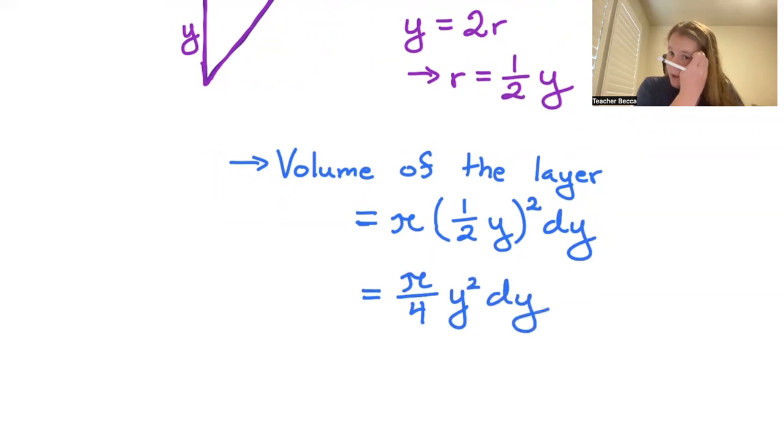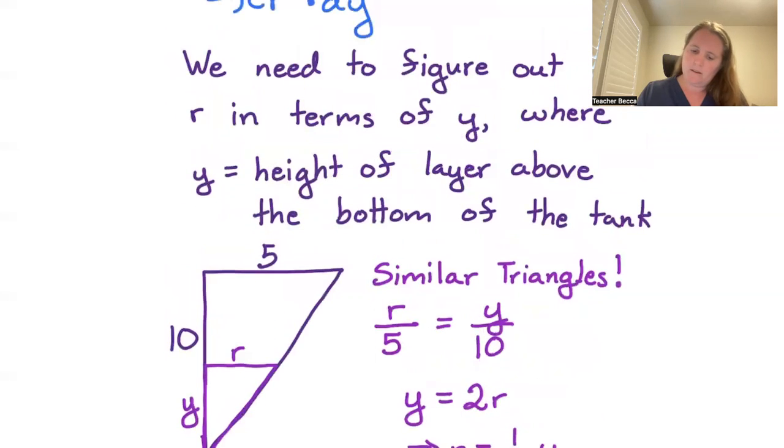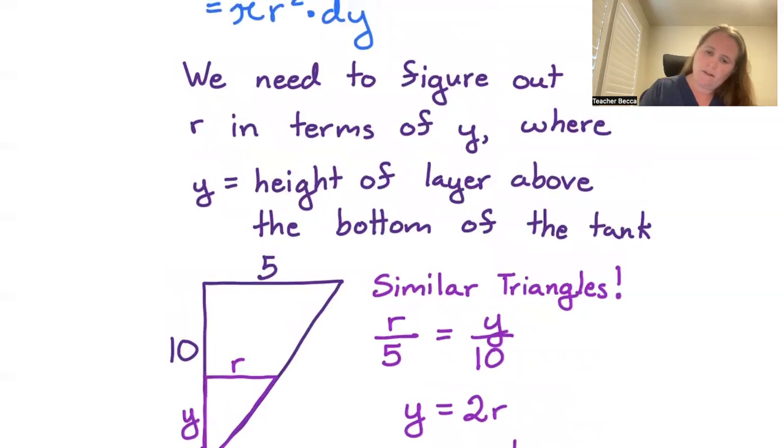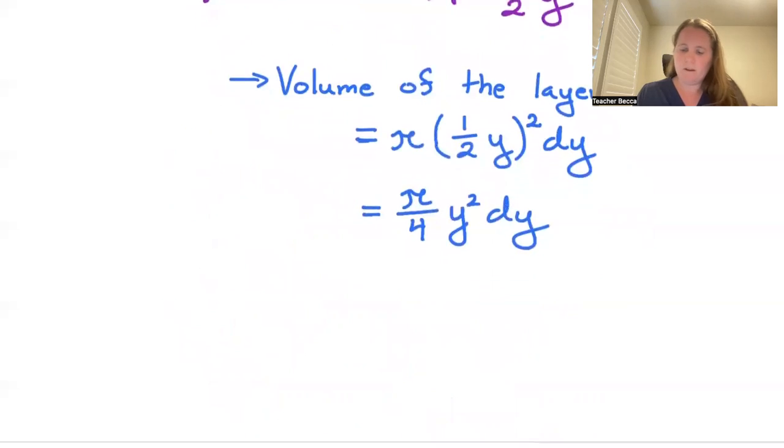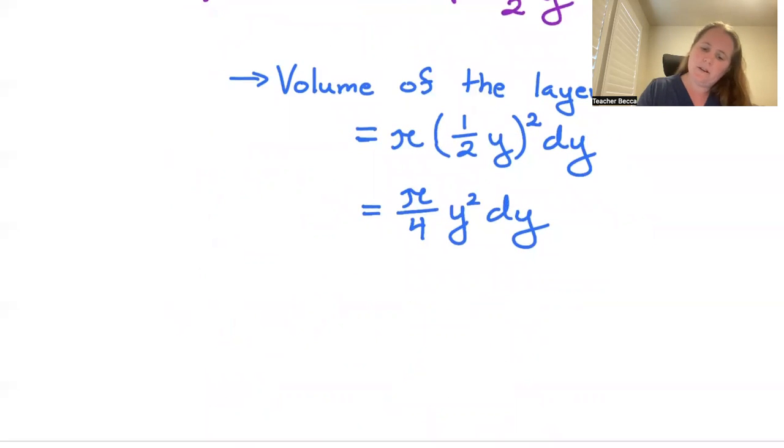This gives the volume of the layer that is y meters above the bottom. I should specify the height in meters of the layer above the bottom of the tank. So this is our volume.